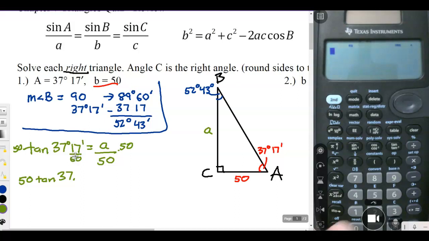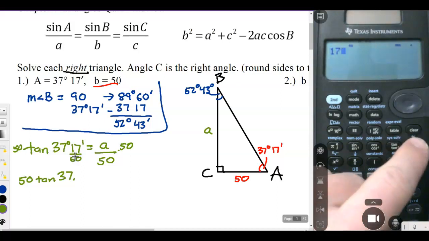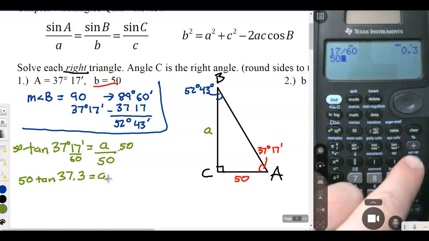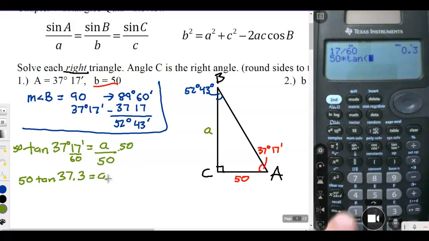So on my calculator, 17 divided by 60 gives me 0.3 if I round it to the nearest tenth. That equals A, and then I just have to put in my calculator 50 times tangent of 37.3, and I get 38.1.